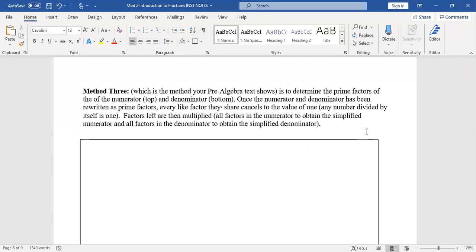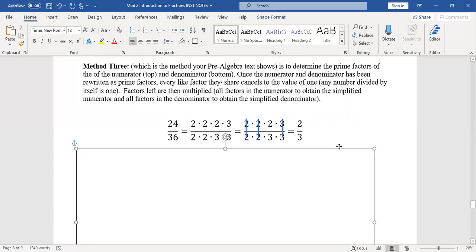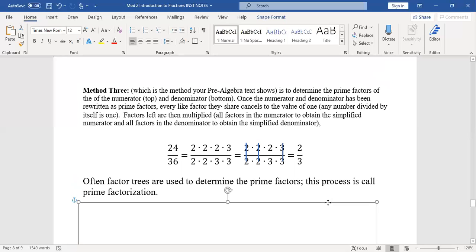Factors left are then multiplied: all factors in the numerator to obtain the simplified numerator, and all factors in the denominator to obtain the simplified denominator. So let's give an example. 24 over 36. First thing I have to do is find the prime factors of 24 and 36.